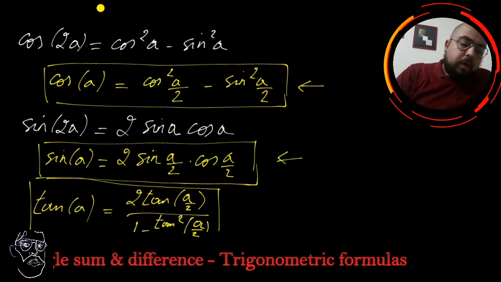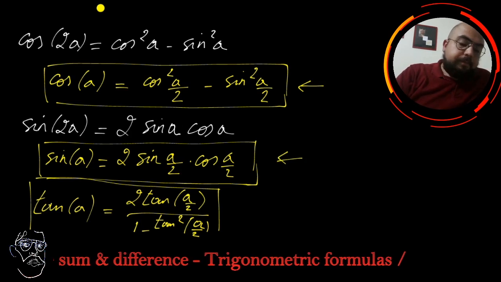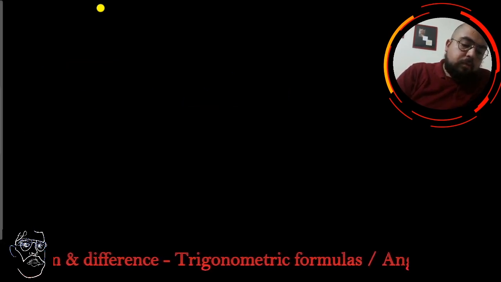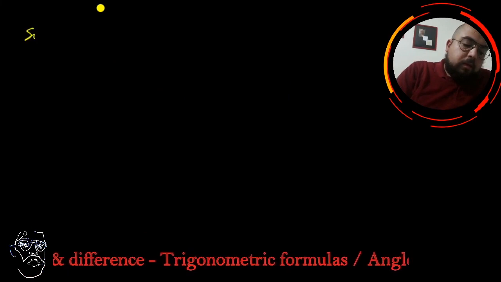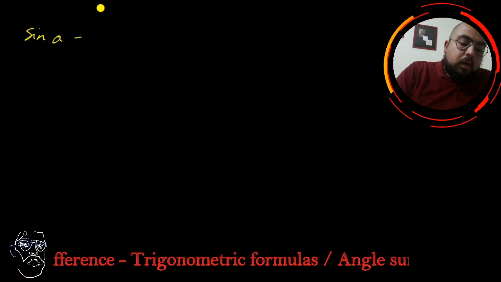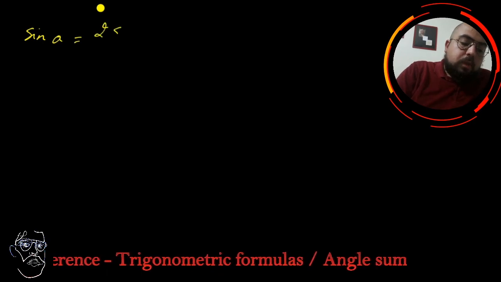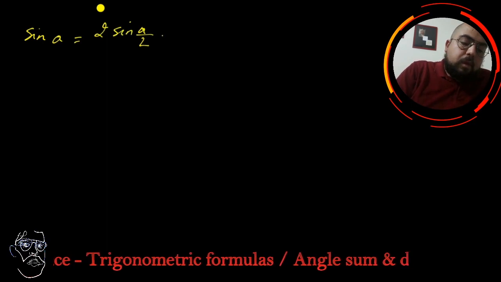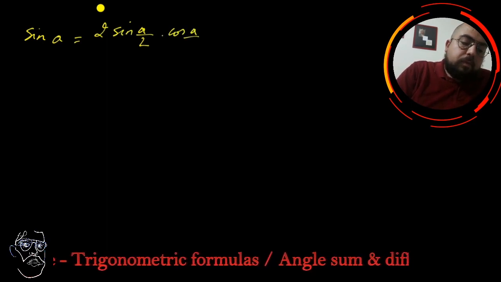I will start with sine. So we had sine of a is equal to 2 times sine of a over 2 times cosine of a over 2.